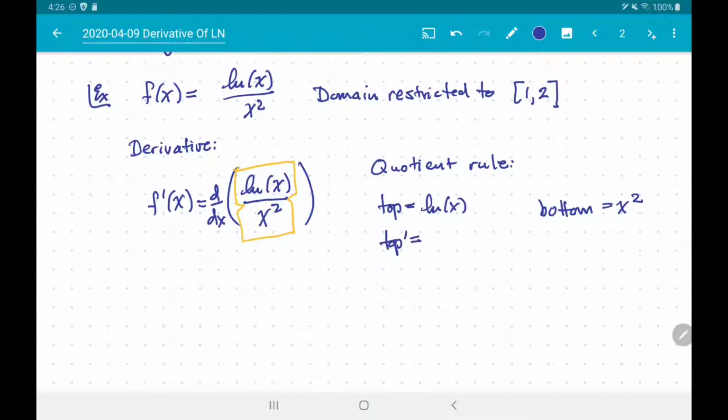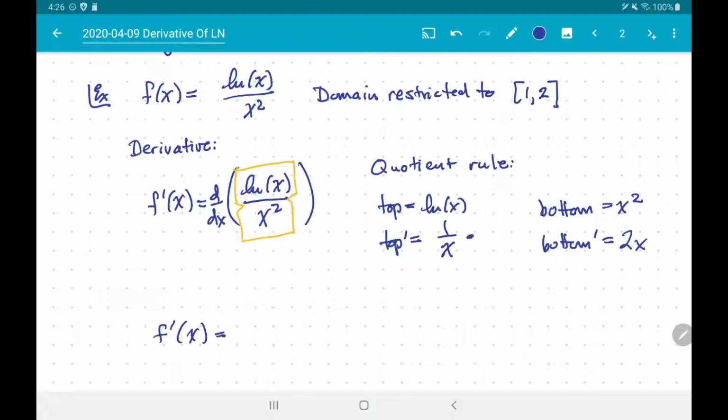Derivative of the top. Well, what is the derivative of ln of x? It's 1 over x. And for the bottom, what is the derivative of the bottom? Two x. We now need to use the quotient rule to put all of those parts back together. Okay, so remember how this works.